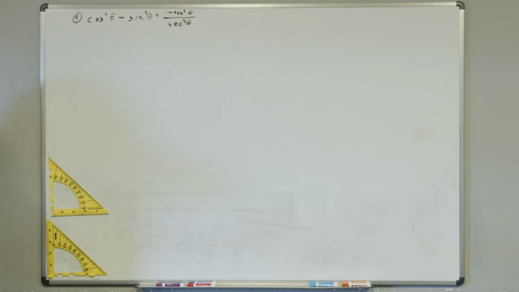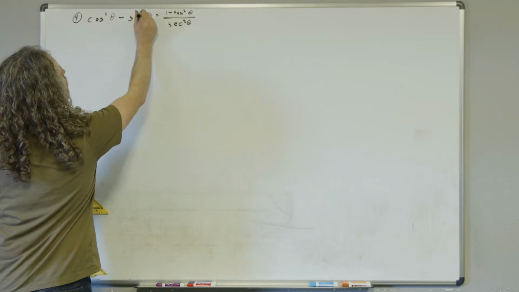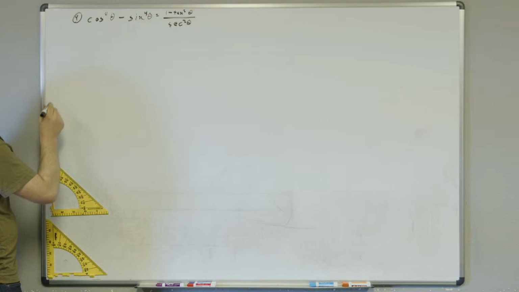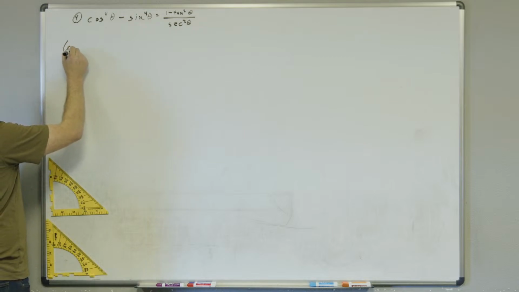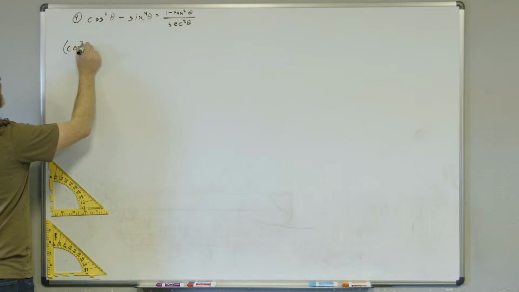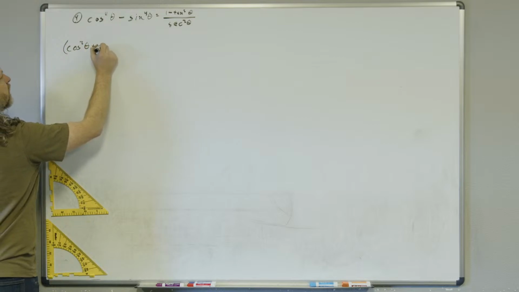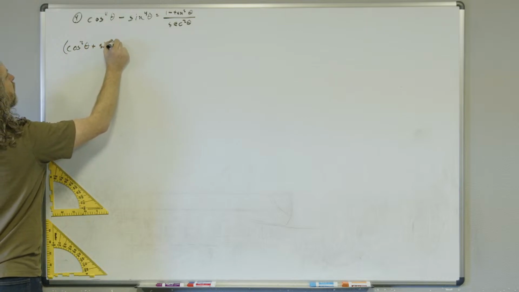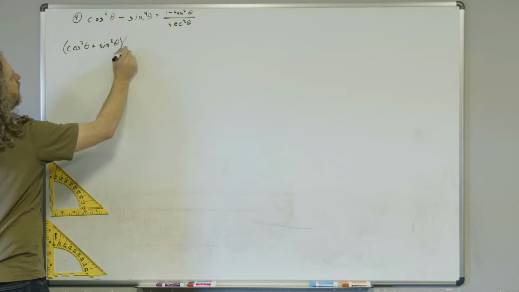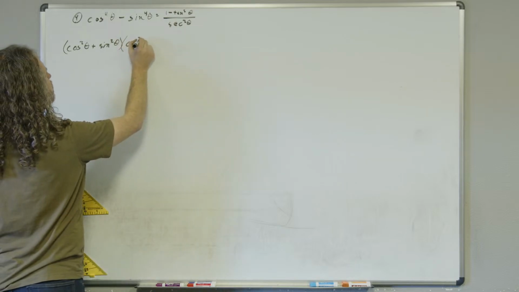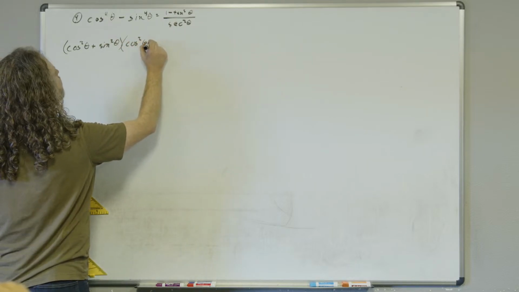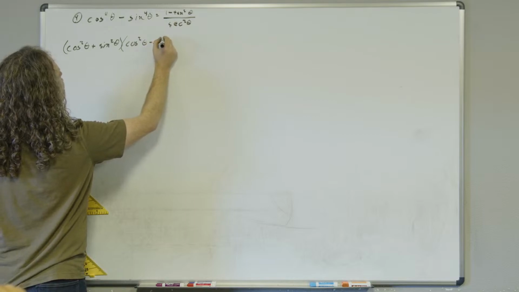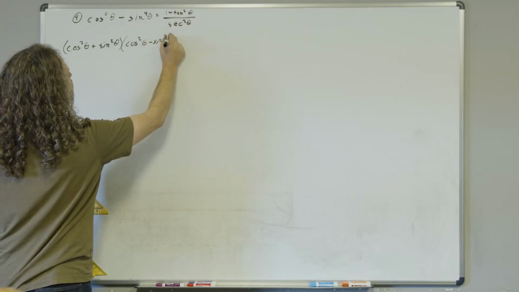If the one on the left is a... oh, it is, and that should be a 4. It is a difference of squares. Let's do that. So let's turn it into cosine squared theta plus sine squared theta, times cosine squared theta minus sine squared theta.